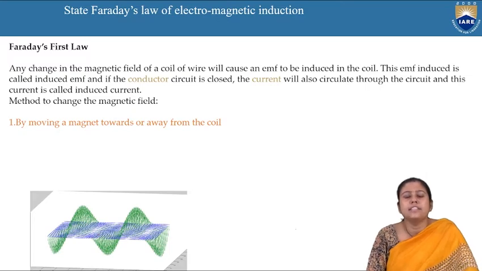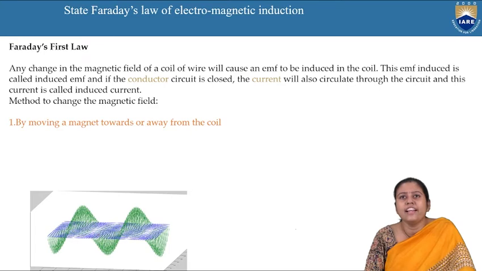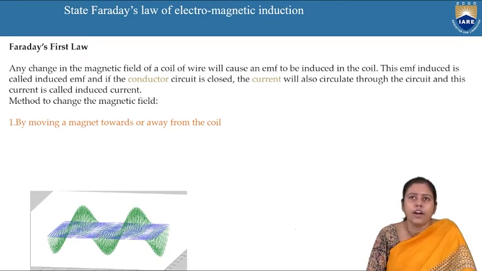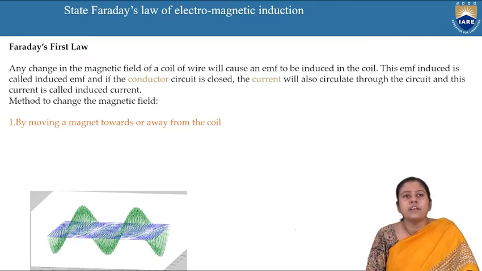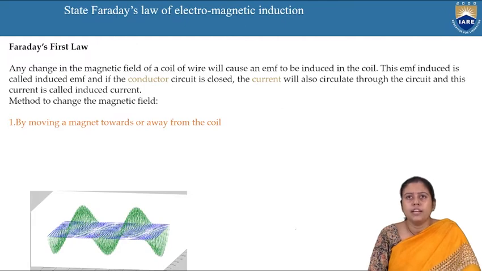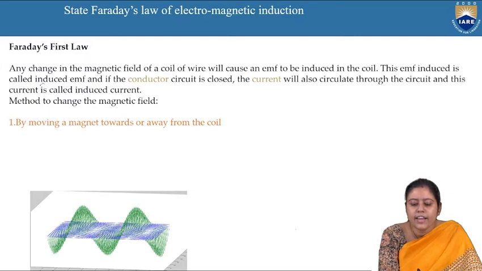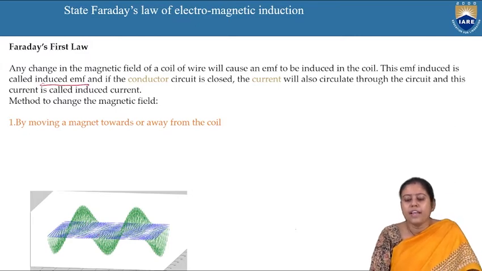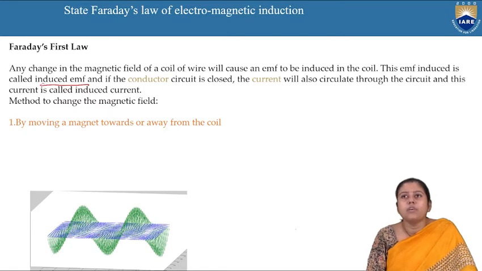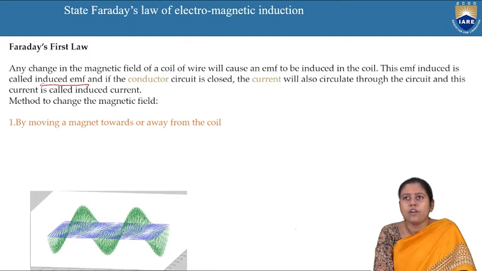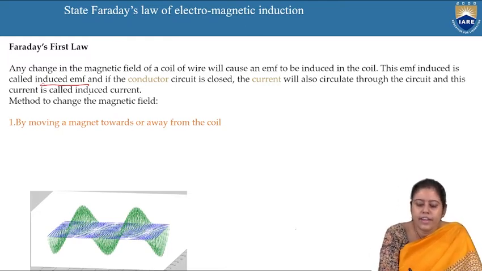This EMF is called the induced EMF. And if the conductor circuit is closed, the current will circulate through the circuit, and this current is called the induced current.